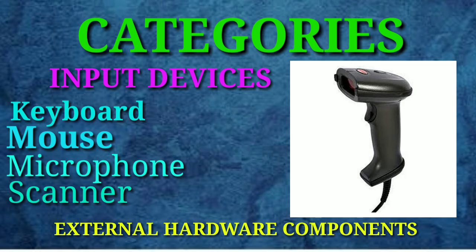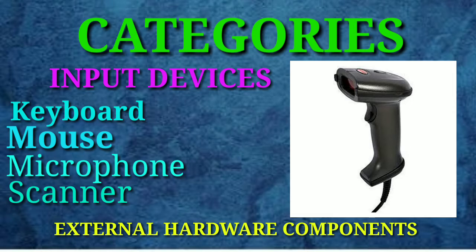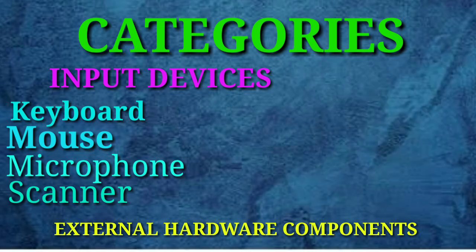This device is especially used when space is a concern, as a flatbed scanner tends to take up a large amount of space. So handheld scanners are small, helpful electronic devices that are widely used. They are less expensive and smaller than flatbed scanners.